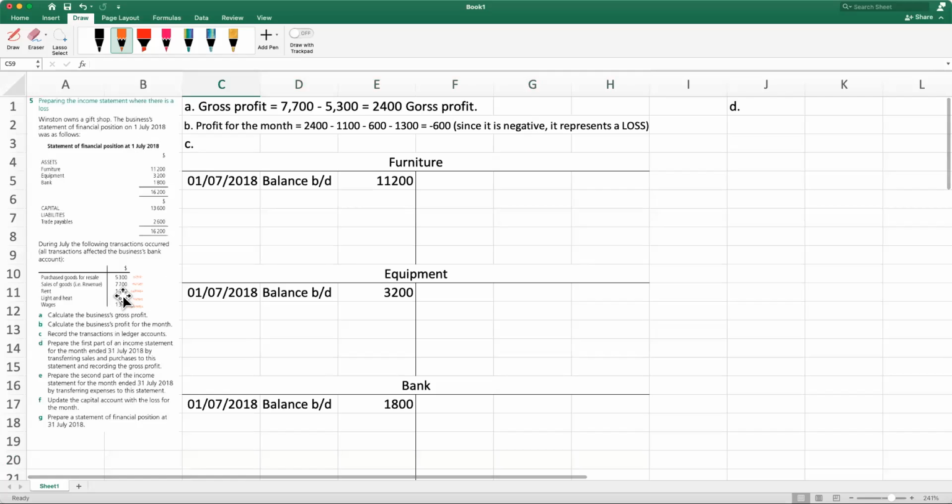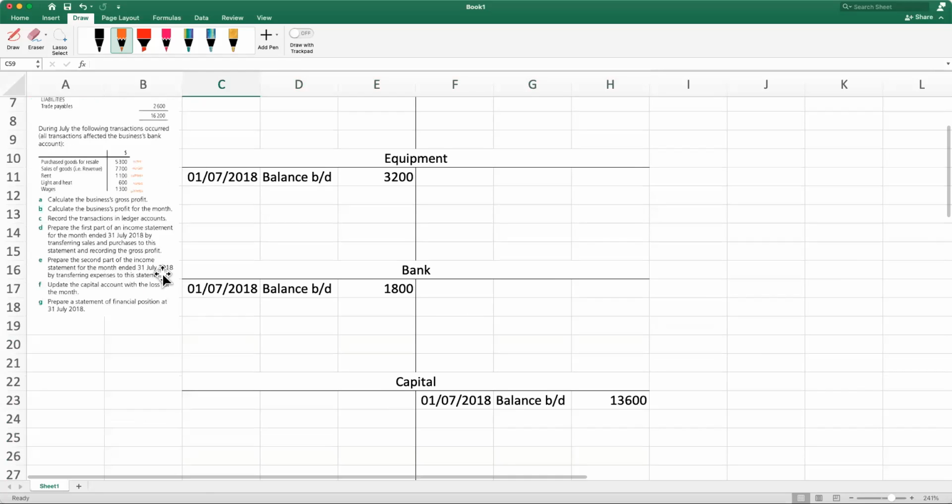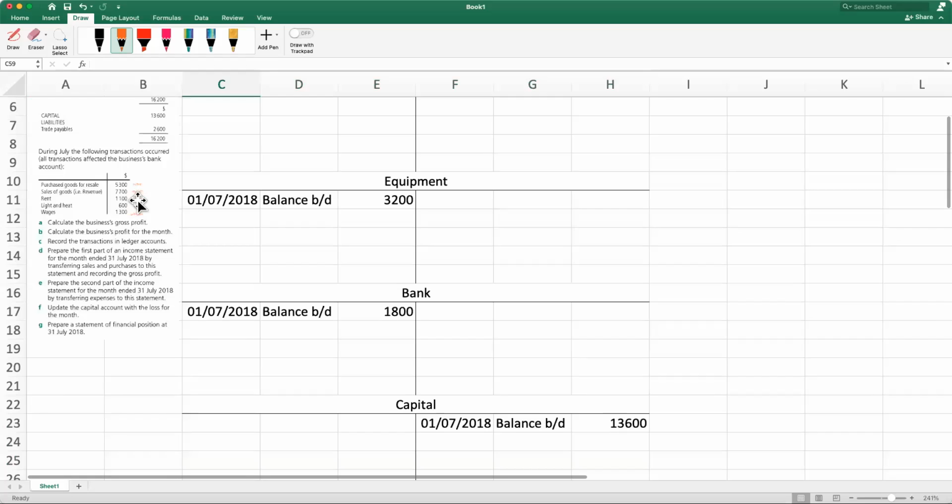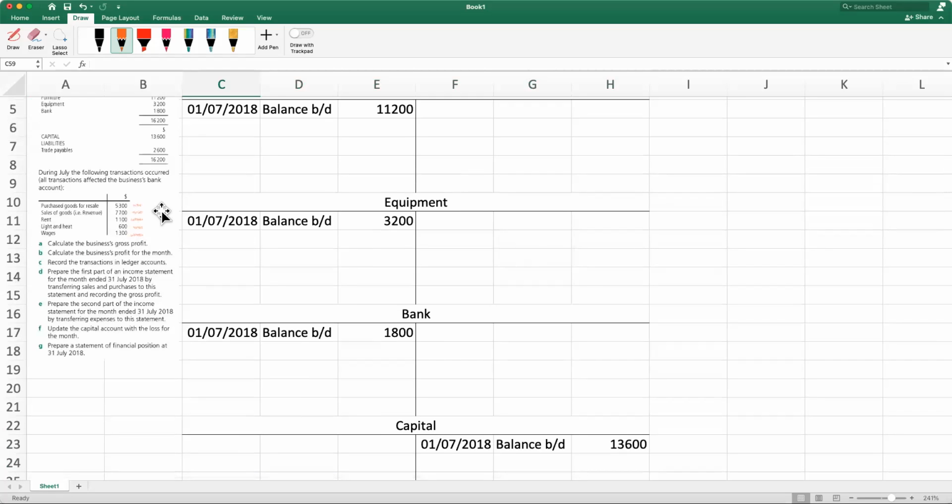Once you open all of them, then we have to do it. So purchases, when we buy things, we have to use money from the bank. Since it goes in no particular order, we're just going to write it on the last day. On the bank side, we're just going to write all the information here, then we only transfer it to their accounts. So for example, in the bank, you can write on the last day, which is 31st of July, 2018, you paid for purchases 5,300.